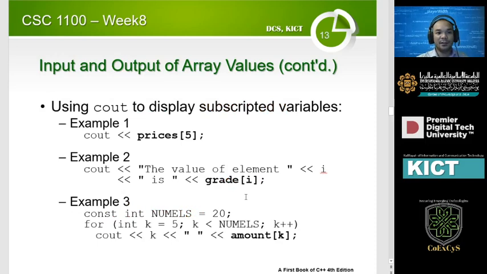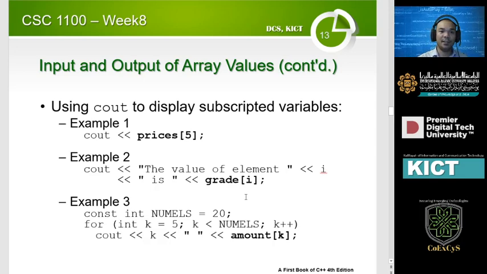Okay, when you're trying to display the array values, similar to the way you store values into it, you can also read values from it and display the output using cout.